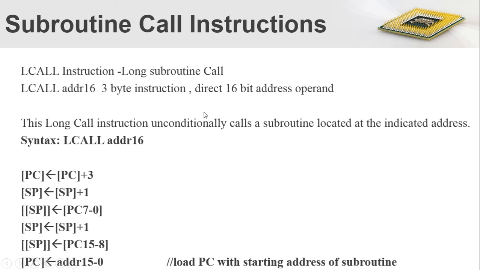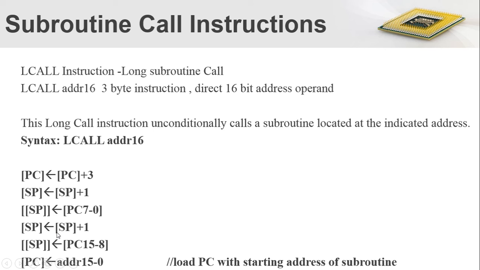So while executing this, what will happen? The program counter is incremented by 3, because this is a 3-byte instruction, in order to get the next instruction address. The next instruction address forms the return address. So we need to increment the current program counter value by 3. Then increment the stack pointer by 1 and load the stack top with the lower byte of PC.